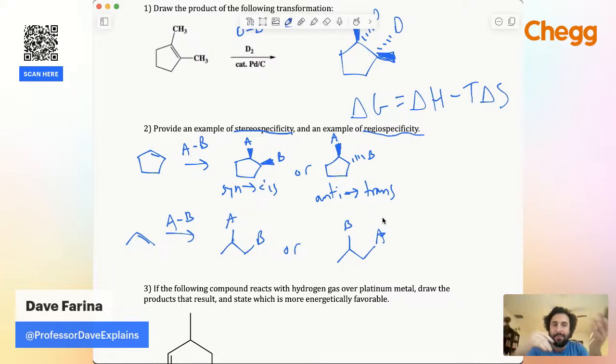If you get 80% the Zaitsev product and 20% the Hoffman product when you're doing elimination, that is an example of regioselectivity, because you do get both, but the one is dominant in the product mixture. It's selective. So that's regioselectivity. Regiospecificity is different. When we get a Markovnikov hydrohalogenation, we're only getting Markovnikov. It's specific. We don't get the other one. So that's what those words mean.